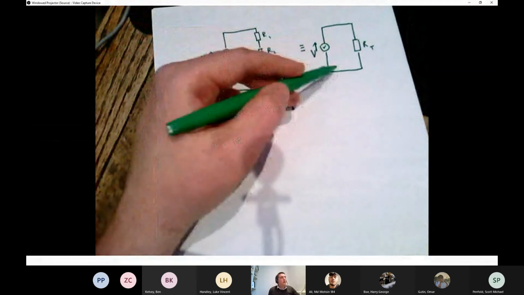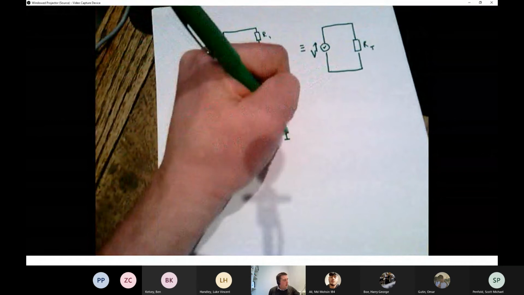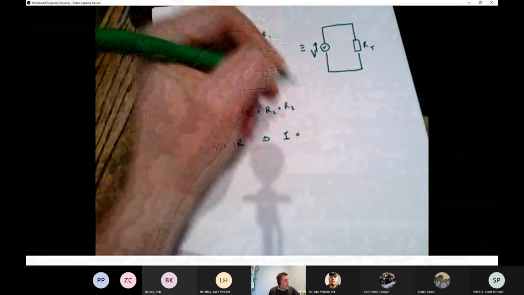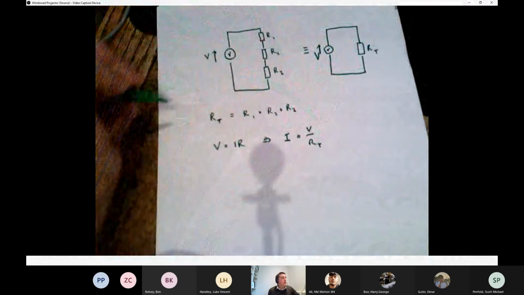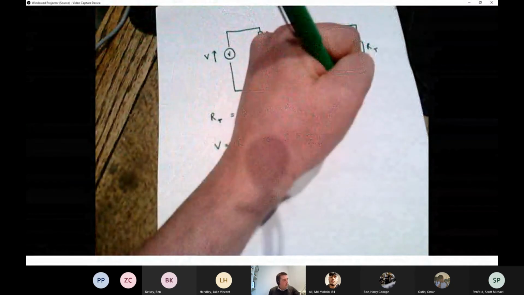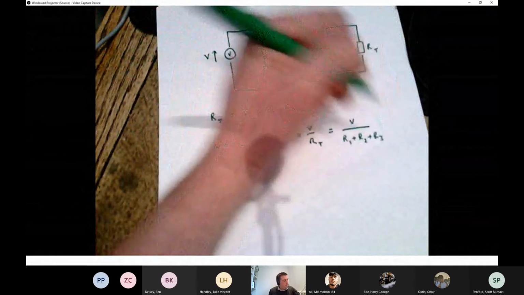We know on this right-hand circuit that I've just drawn out, I is going to be V over RT, which equals V over R1 plus R2 plus R3.